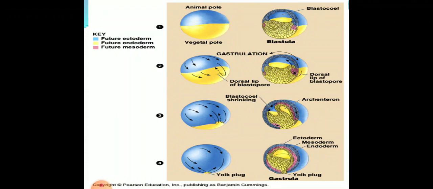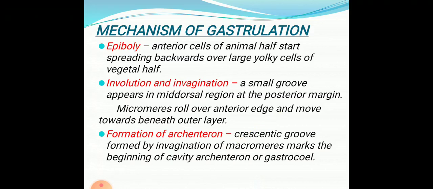In the blastula the cavity is called blastocoel, but in the gastrula the cavity is called gastrocoel, otherwise another name for gastrocoel is archenteron. There are three germ layers, that is ectoderm, mesoderm and endoderm. There is a yolk plug also present. These are different structures that occur during the gastrula development.